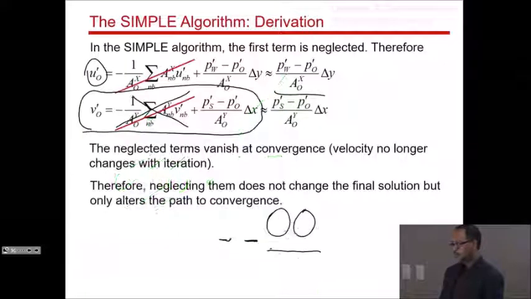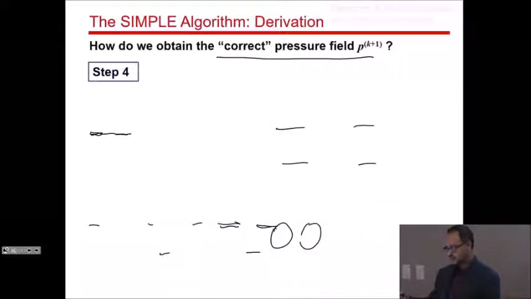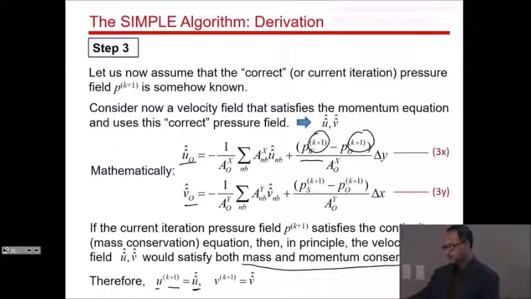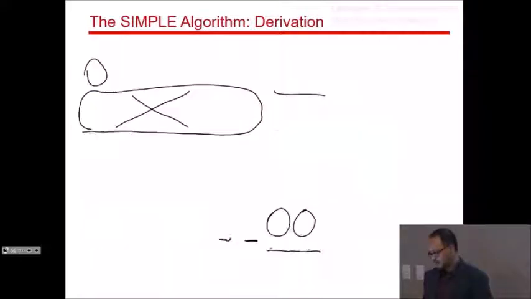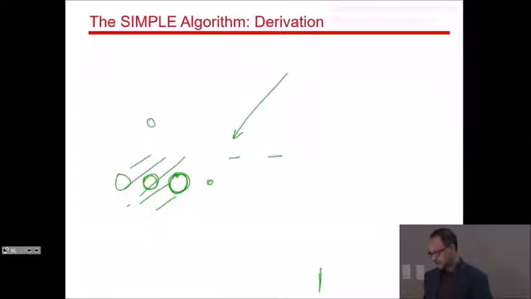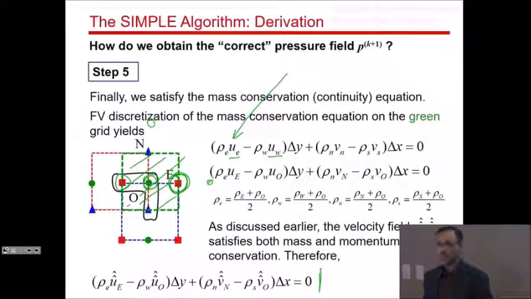Here, we forced it to satisfy momentum. That's what these equations represent. Now we are saying we are also going to force it to satisfy mass conservation, which is represented by that equation.